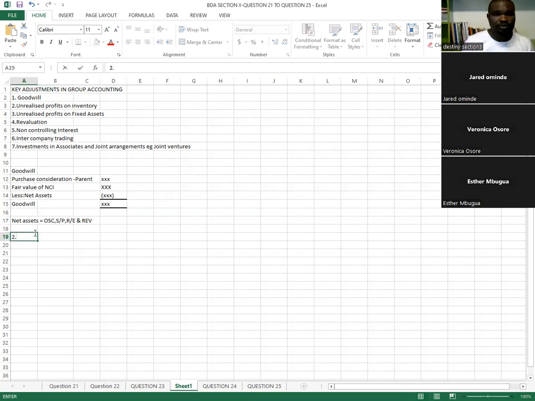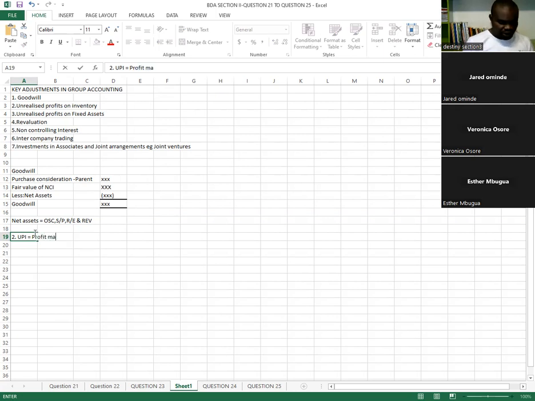So number 2, unrealized profit on inventories. In short, I like calling it UPI, to stand for the unrealized profit on inventory. This is how you calculate it.